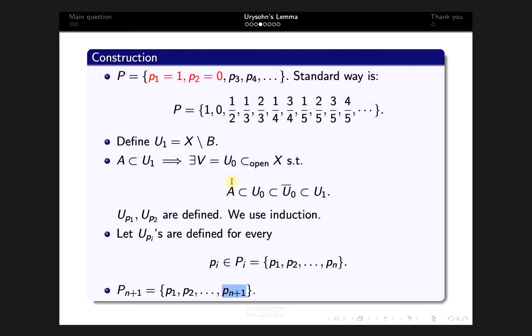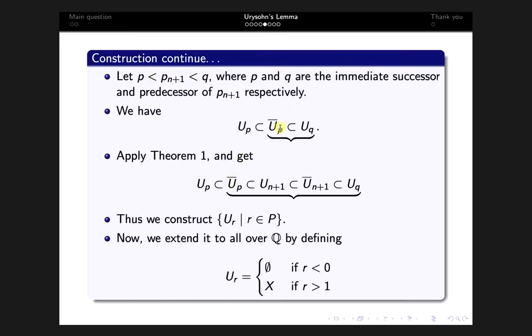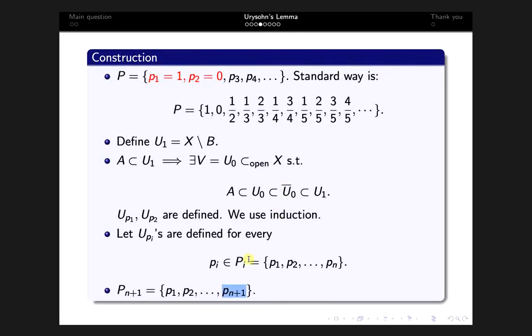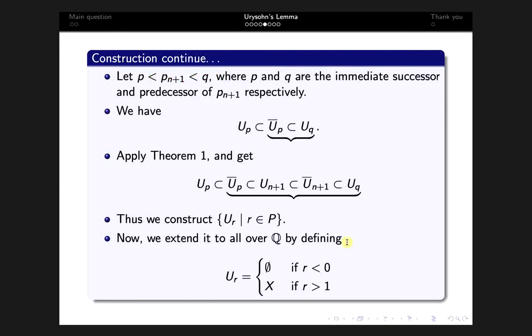Okay, so if P and Q are in P_n, again we have a typo here, this should be P_n, not I. P_n equals the set of first n elements in P. So we have this closed set U_P closure, and this open set U_Q.